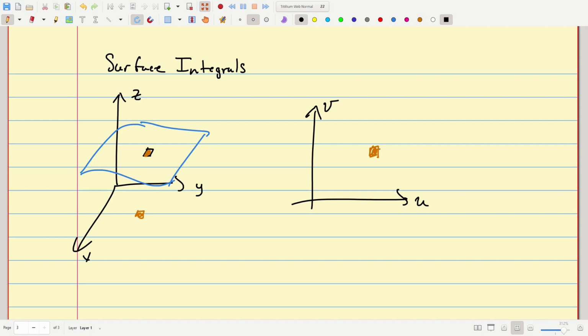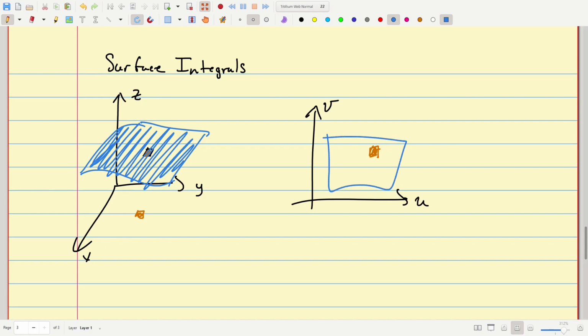Now, in this situation, what I want to do is integrate over this surface using the parameterization given to me by u and v. In the past, we had something like an arc, and we talked about what it meant to integrate with respect to the actual arc length. Surface integrals are the analog for that as we move to higher dimensions.